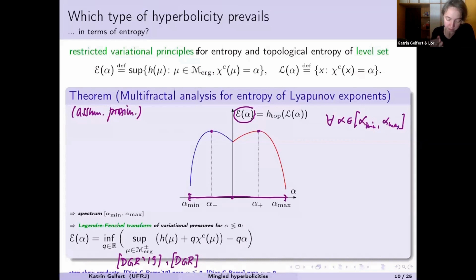There are many saddles of hyperbolic type that give rise to horseshoes of either type of hyperbolicity, and each horseshoe, by classical results by, for example, Pesin and Sadovskaya or Fan, Jiang, and Peres, has been shown to satisfy this restricted variational principle, only that they are hyperbolic, so they have a spectrum of Lyapunov exponents on some, let's say, positive interval. So for each horseshoe there's an interval, and the corresponding spectrum of the entropy of their Lyapunov exponents.